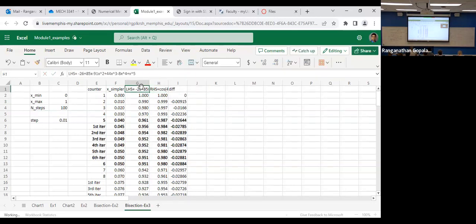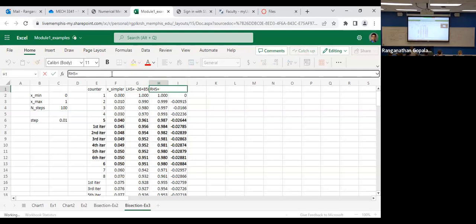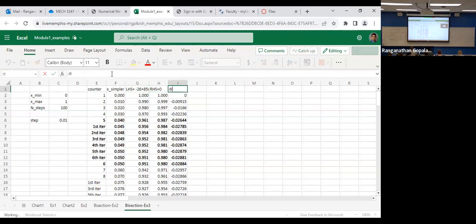This is just for my own reference so that I know what formula will be punched in subsequent columns. What is RHS? What is the right side? 0. Simple. And difference, you can call this difference equals LHS minus RHS. This is just some practice I have. I label the column headings with whatever formula is going in so that later I can recover and see what went wrong. Otherwise, I would have no idea.